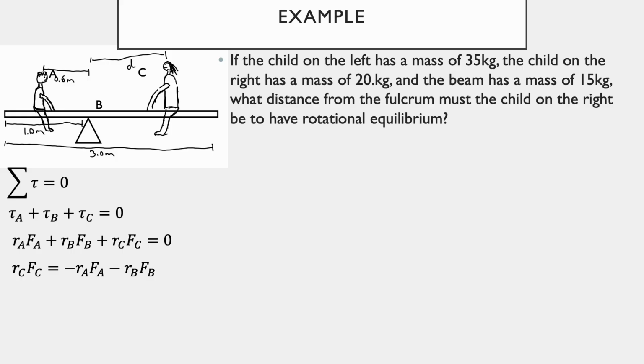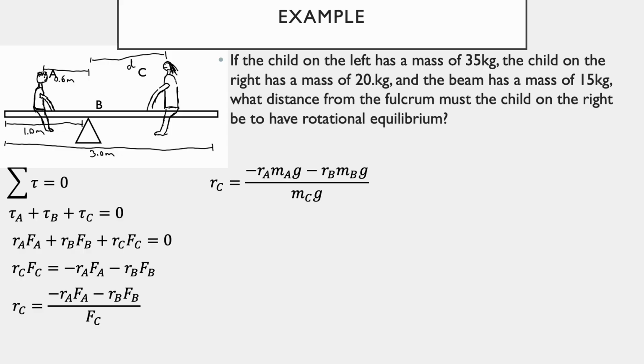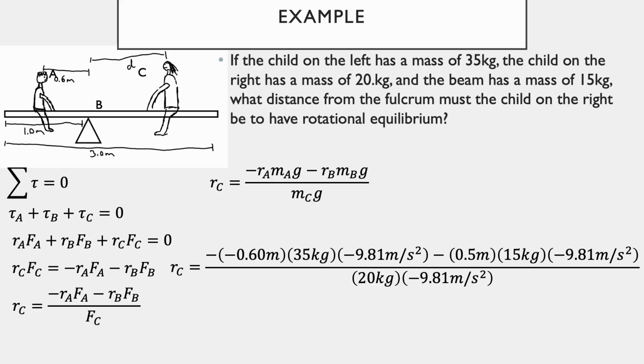At this point, divide both sides of our equation by FC, and in this situation, all of our forces are being caused by gravity, so we can replace all of our forces with mg. And then we fill in our values, and we get 0.68 meters.